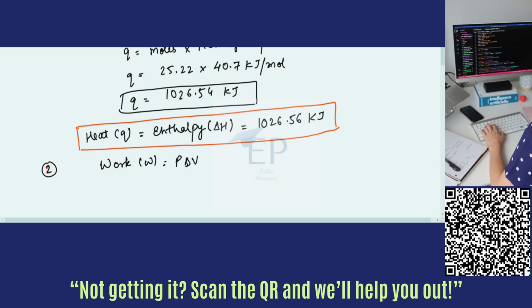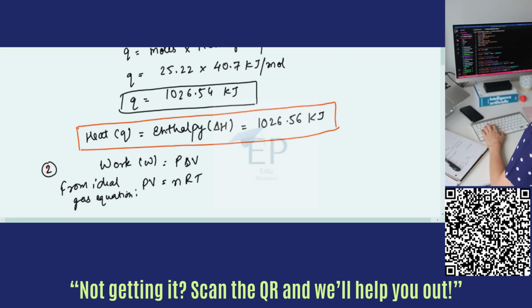So P del V is what? P del V can also be given by PV equals nRT here, right? So we will find V because we don't know V here. So that's why from the ideal gas equation, PV equals nRT.